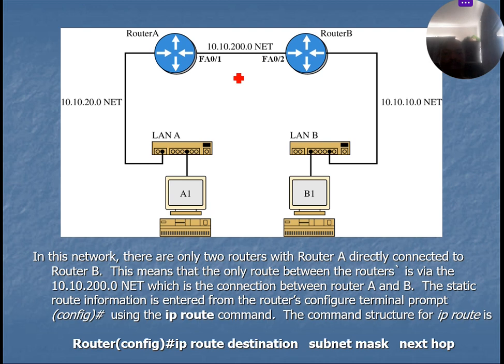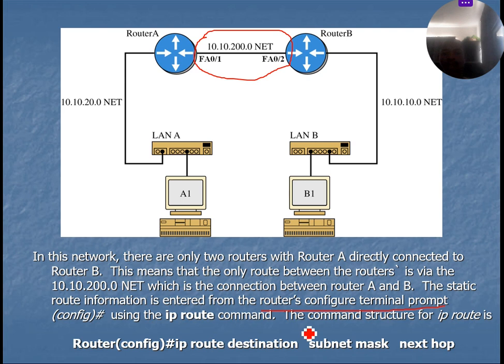Now the static route information will be entered from the router's config terminal prompt, which we talked about in our previous learning about routers. You use the IP route command so that the data packet will know where to route to.